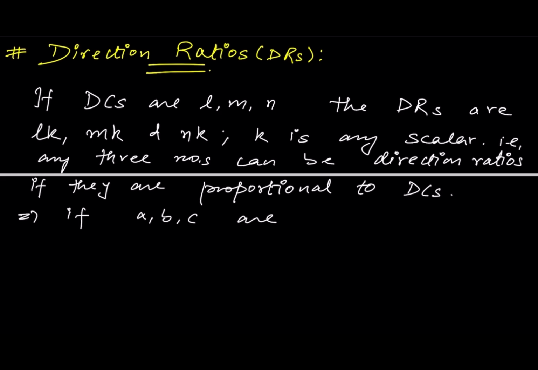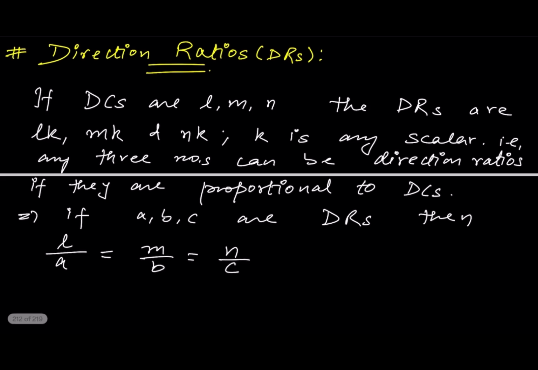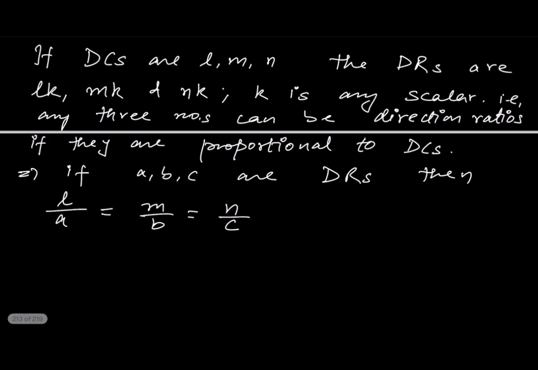are direction ratios, then l upon a is equal to m upon b is equal to n upon c is true, right? Because l, m, n are the direction cosines, and direction ratios are any numbers which are in the same ratio with direction cosines.